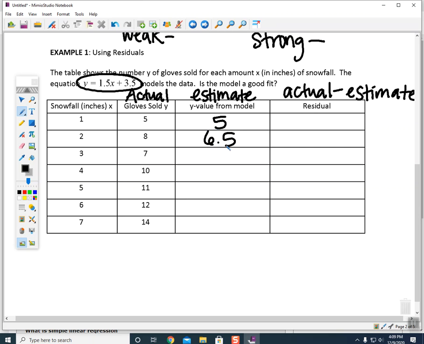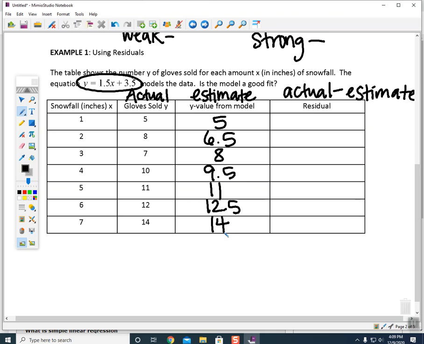I'm noticing that this is going up by 1.5 every time. So now I'm just going to go up by 1.5. So 6.5 plus 1.5 is 8. That's going to be 9.5. 9.5 plus 1.5 is 11. Next one's going to be 12.5. Last one, 14.